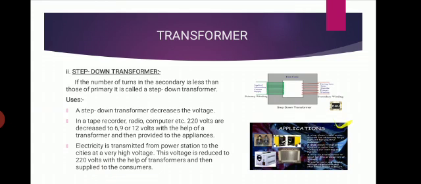And you see in the figure, a step down is used for obtaining large current for welding. It is also used in induction furnaces for melting metals. It is also used in voltage regulators and established power supplies.